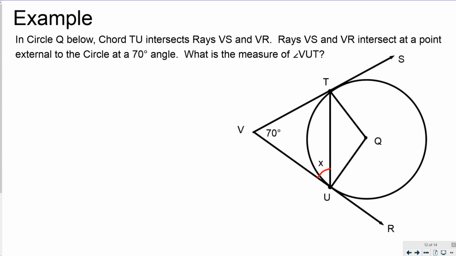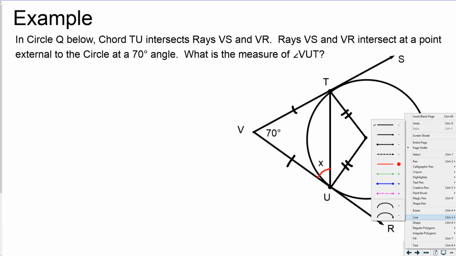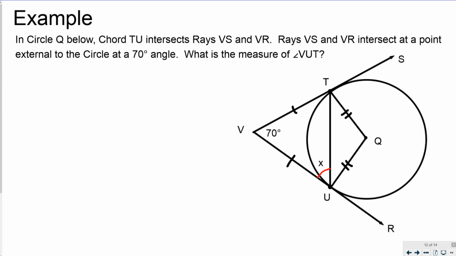We do know that this segment and this segment are congruent, as are these and these. And we're going to utilize the properties of congruent segments. So VT is congruent to VU.